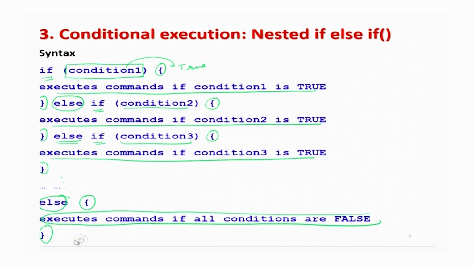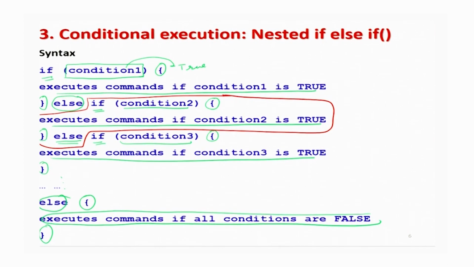So, if you look at the structure carefully, what happens? You are creating a structure like here if and then here else, and then once again you are creating a structure like here if and then here else, and so on.